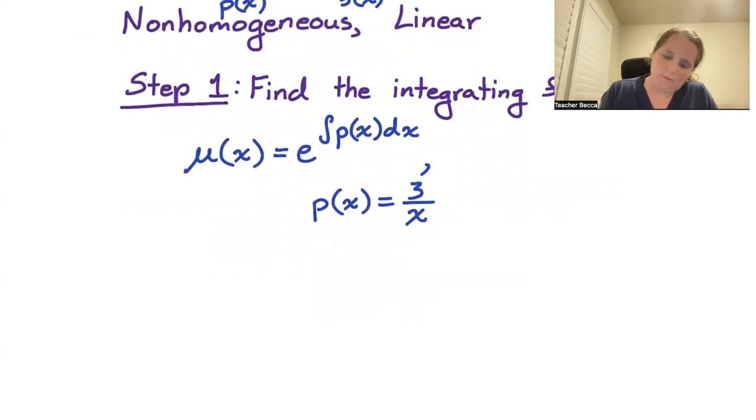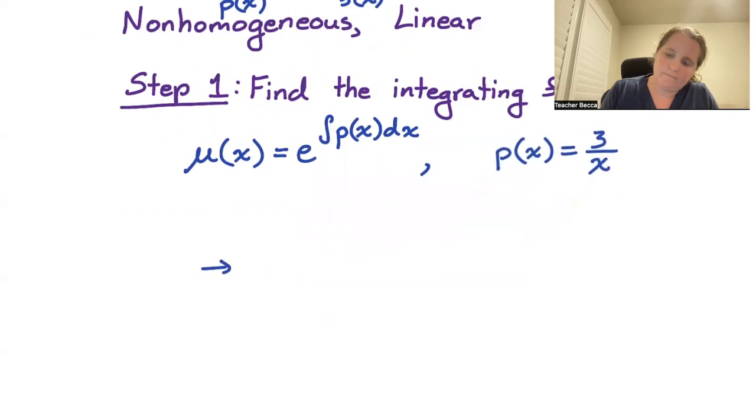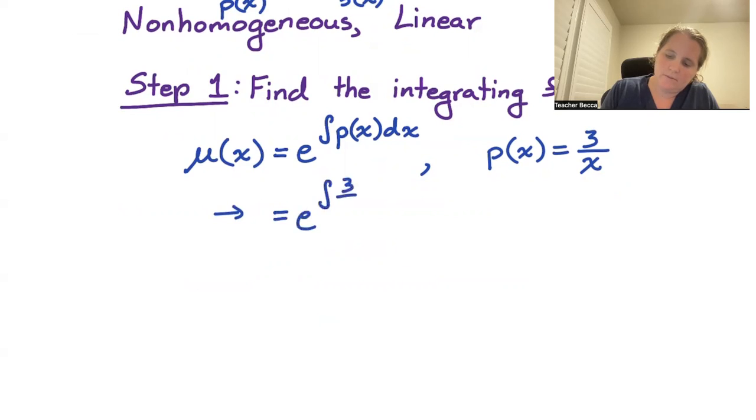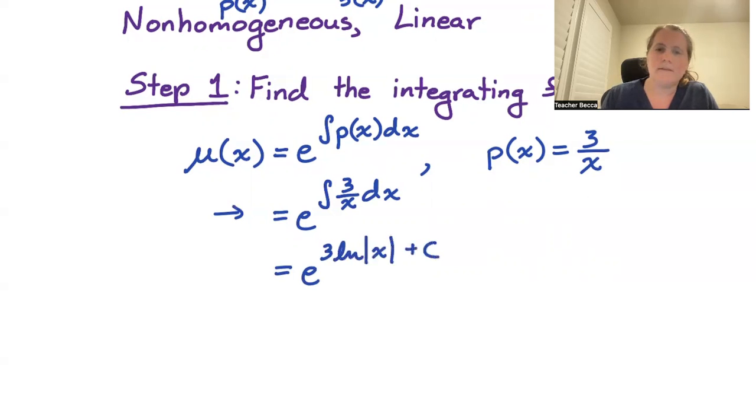So we have mu is equal to e to the integral of 3 over x dx. That means mu is equal to e to the 3 times the natural log of the absolute value of x plus c.